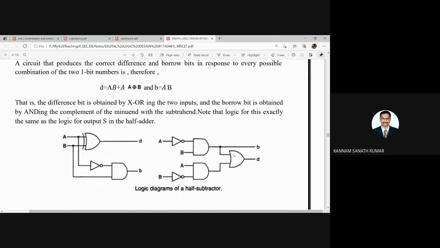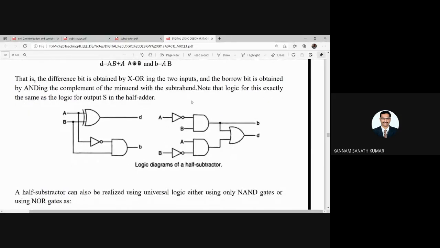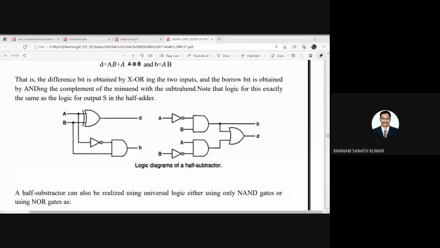Suppose you want to realize this using normal AND, OR and invert gates. Till here you will get the difference: A dash B plus A B dash.